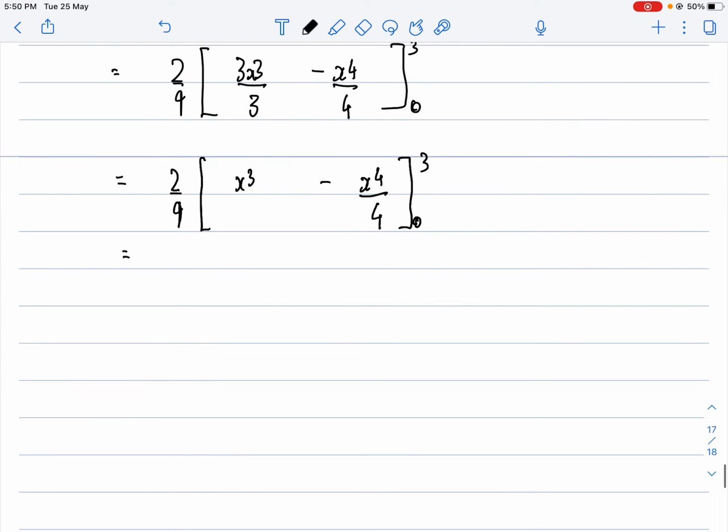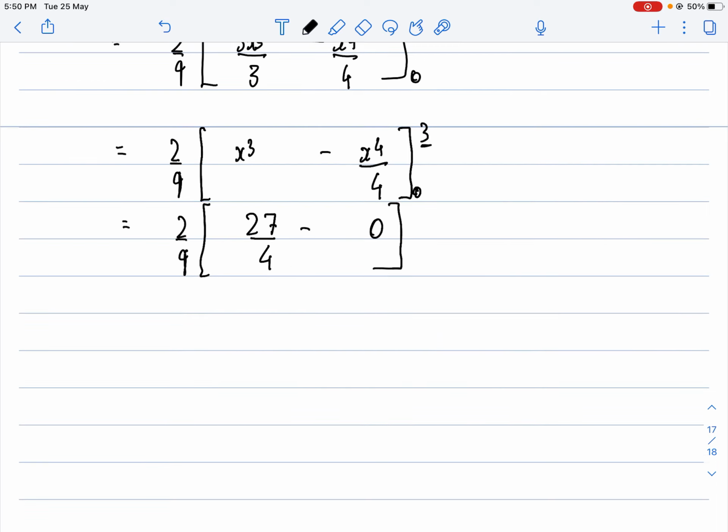So I can write this as 2 over 9. First I can put 3 in the place of x. So I can write this as 3 cube minus 3 raised to 4 over 4, which is 27 over 4 minus, when I put 0, I get 0. So now I can simply solve 2 over 9 multiplied by 27 by 4, which gives me 3 by 2, which is 1.5.